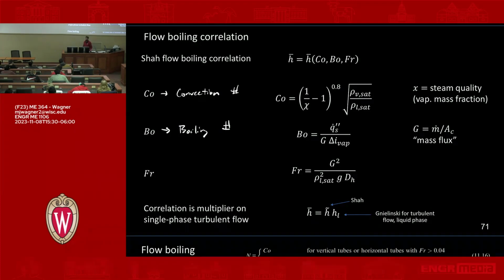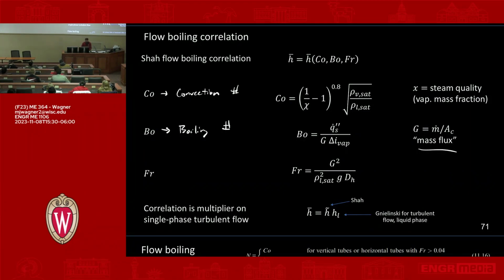This is related to G, where G is the mass flux. It's a relationship between the heat flux you're providing and the mass flux of the system. So it gets to the question about how long this would take, a normalized representation of how long this should take.